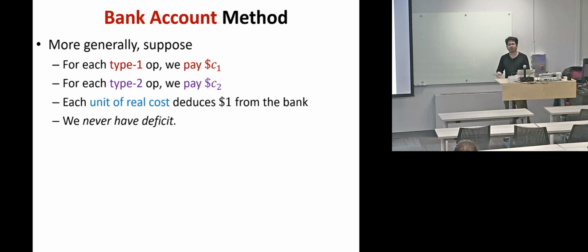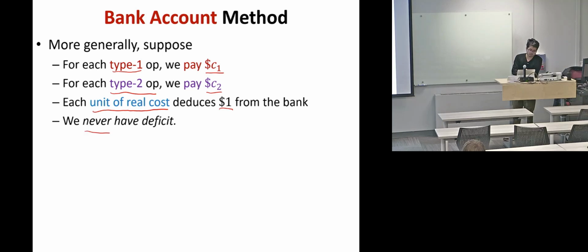In general, there can be more than one type of operation, like 2 types or 3. Suppose for each type 1 operation, we pay C1, and for each type 2 operation, we pay C2. Each unit of real cost deducts $1 from the bank.